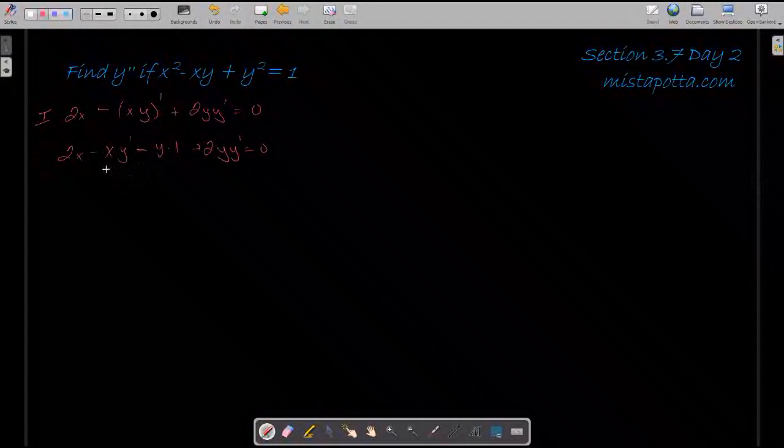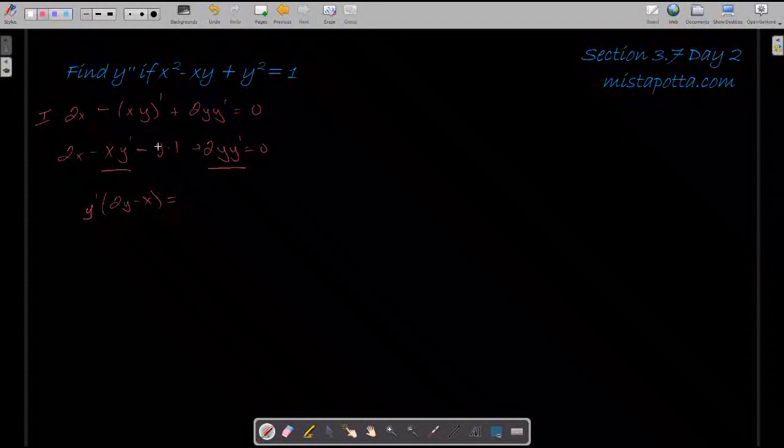I still want to get my y prime terms by themselves, so I'm going to need to move these other terms to the other side. So I'm going to have y prime times 2y minus x, that's 2y minus x.